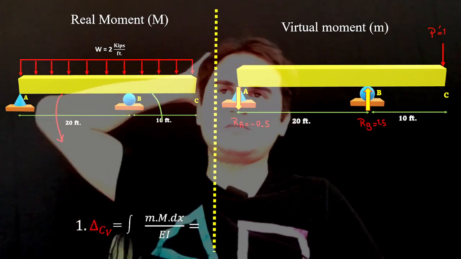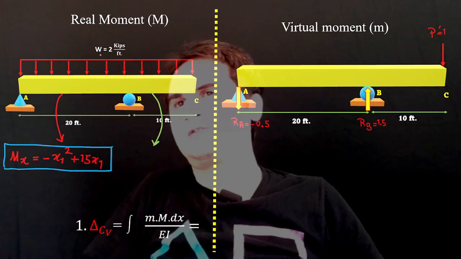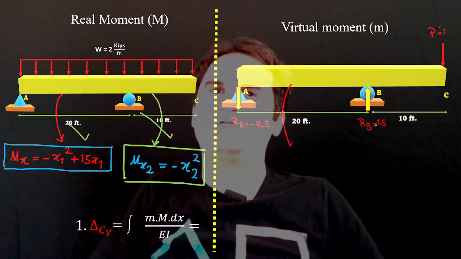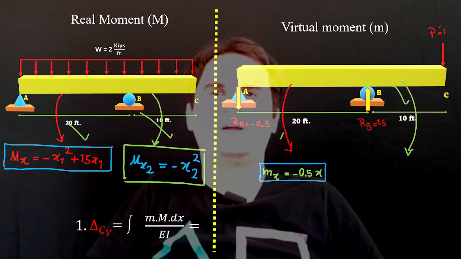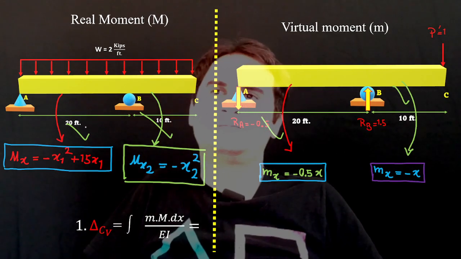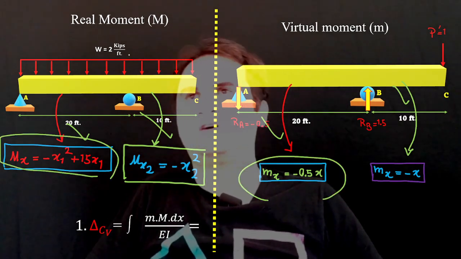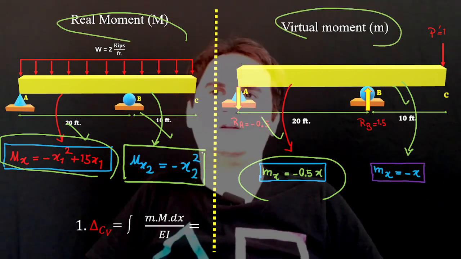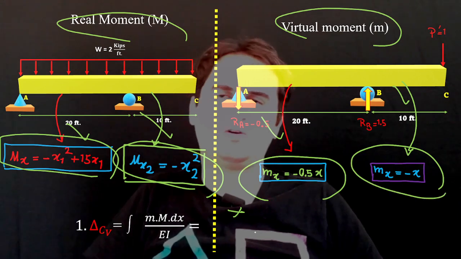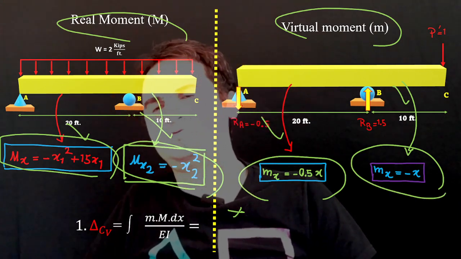So if you replace the equation of the real moment for the first part and for the second part, we have all of them. By simply multiplying the real one times the virtual one, plus the real one times the virtual one for the other part, another summation, it gives you this equation.